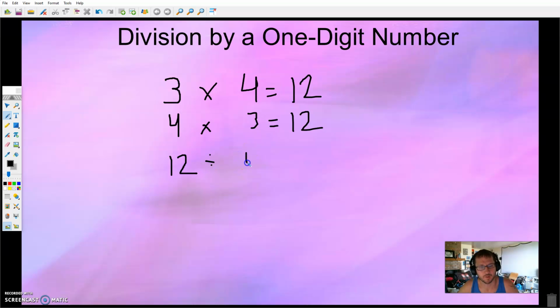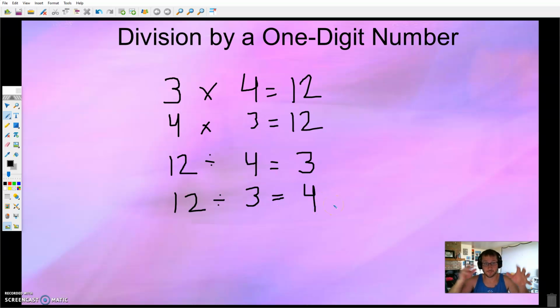And then we'll start with, say, 4 is the divisor, making my quotient 3, or 12 being the dividend, 3 being the divisor, making 4 the quotient. Okay, this is a fact family.